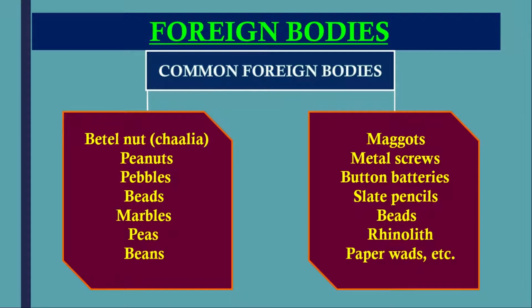Others include betel nut, peanuts, pebbles, beads, marbles, peas and beans, whereas maggots, metallic screws, button batteries, slate pencils, beads, rhinolith and paper wads, etc.